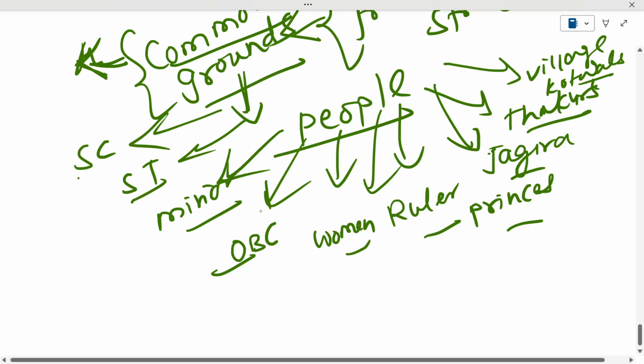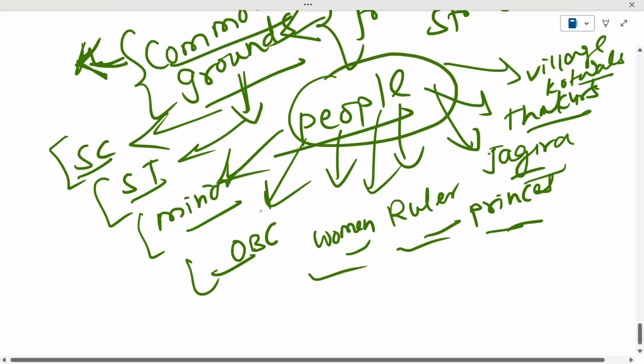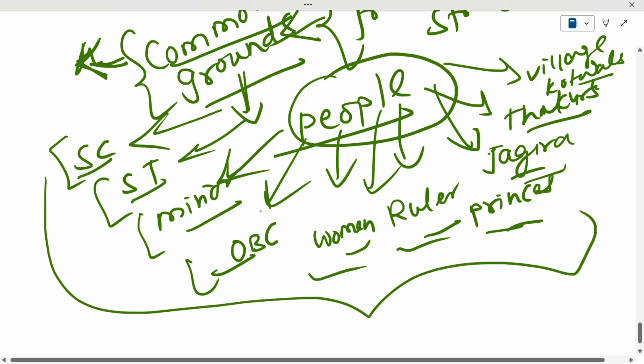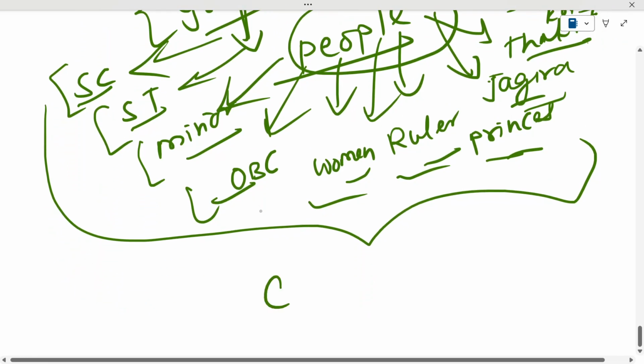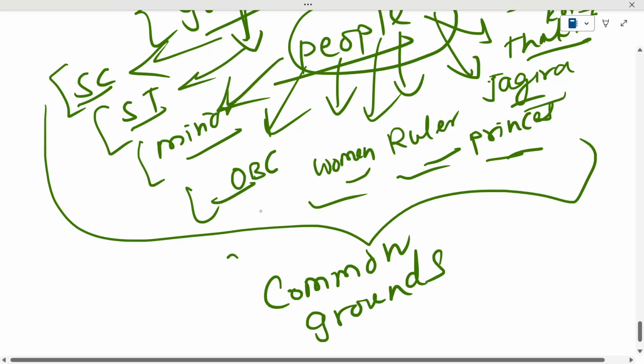To bring all these people from different regions together, they could not have been brought together unless they were ready for some common grounds.